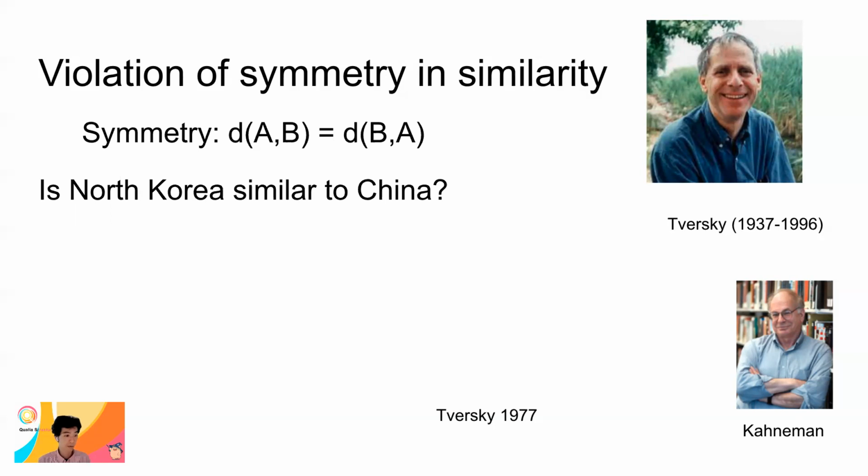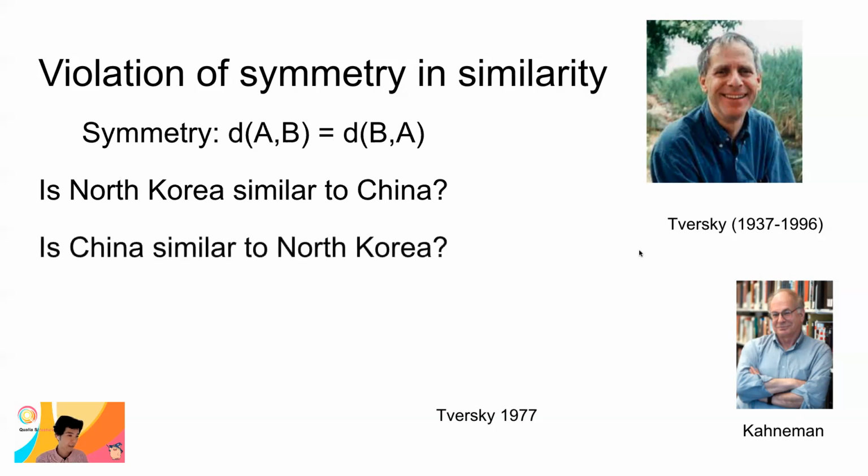Most of you would say yes, it's similar, at the level of, let's say, 6 out of 7, 7 being most similar. But if you are asked, is China similar to North Korea? It feels really weird. At least for me, I would say no, it's not similar at all. So maybe 3 out of 7 similarity.